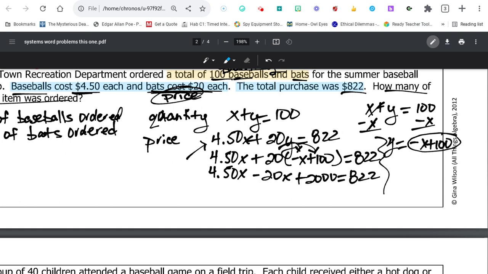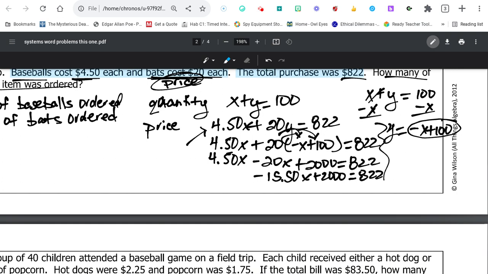Okay, let's put our two like terms together. So what's 20 minus 4.50? 15.50. Negative 15.50X plus 2,000 equals 822. And let's subtract that 2,000 from both sides.